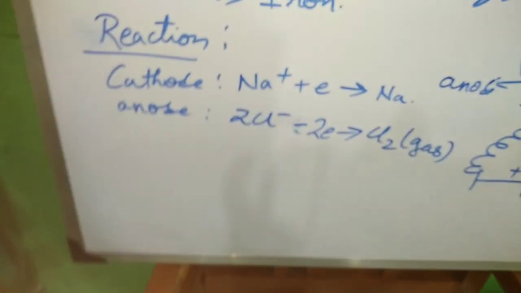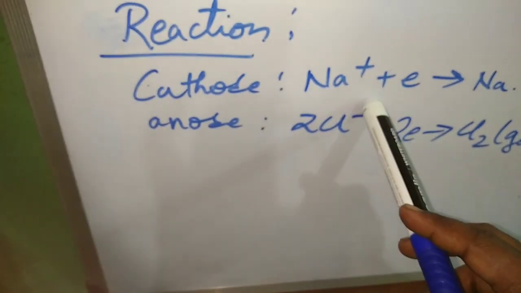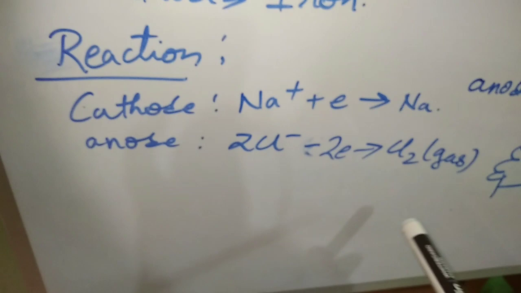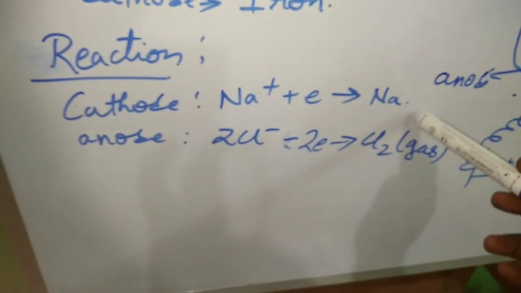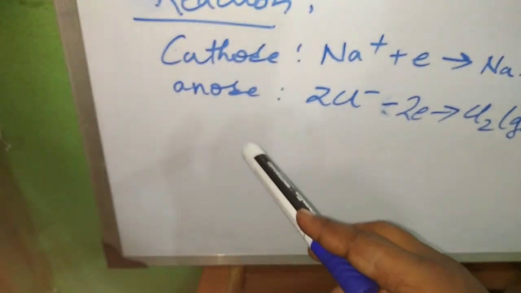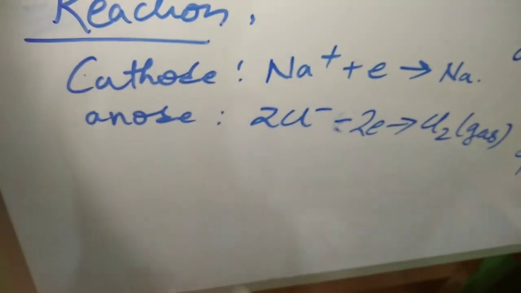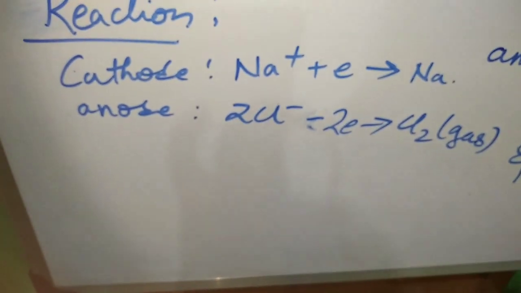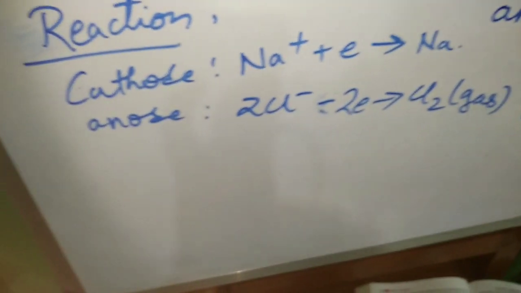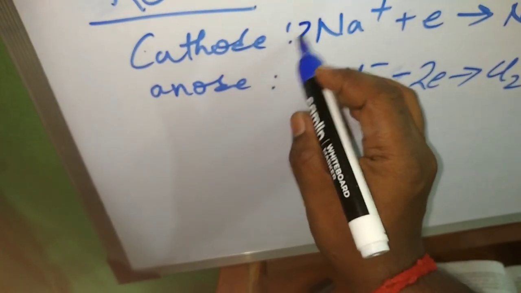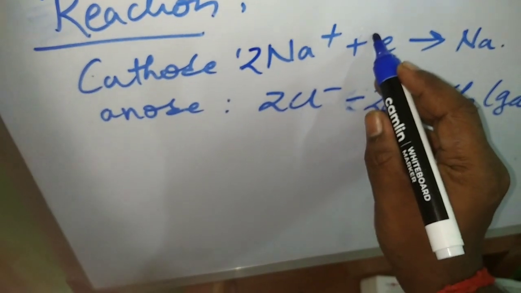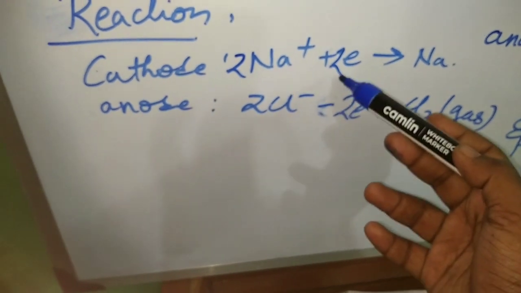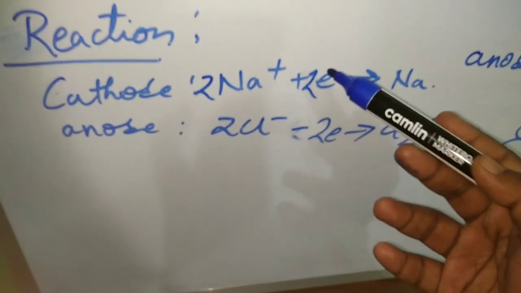Now what is the reaction? In the cathode, the reaction will be carried out like this: Na plus plus electron, it will take one electron and form Na, sodium. In the anode, 2Cl minus, and it will release 2 electrons. Okay, write like this: 2Na plus. It will be quite easy then. Then you may ask, if it's giving 2 electrons, then where are the other electrons?